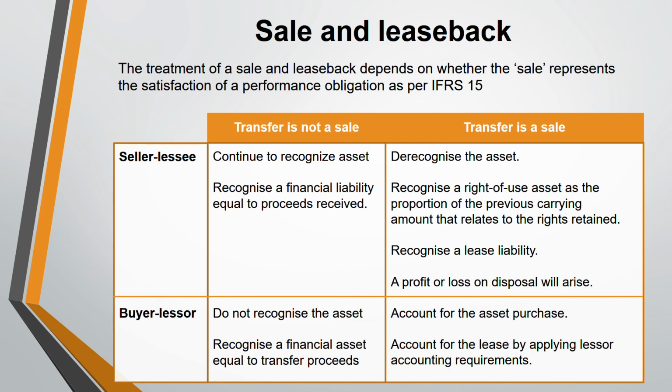But if it's not clear which type of lease, then just say account for the lease under lessor accounting requirements. That's enough. So this treatment you should know, and don't go and put a box like this in your exam. This is for your understanding purpose, so that you understand all the scenarios that I put together. But you have to write in proper sentences. If you understood the demo that I went through, this is very easy.